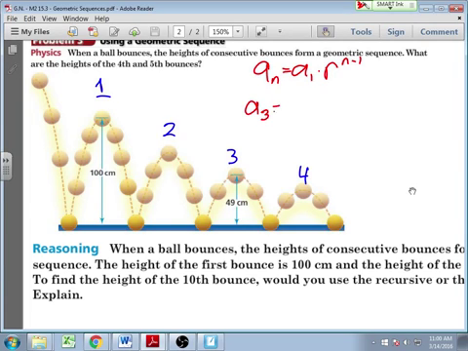So I use my a sub 3, plug in that my first bounce was 100. This is going to be 3 minus 1. I also know that a sub 3, I'm going to leave it written up here, but if you jump straight to this, that's okay. Not wonderful, but okay.